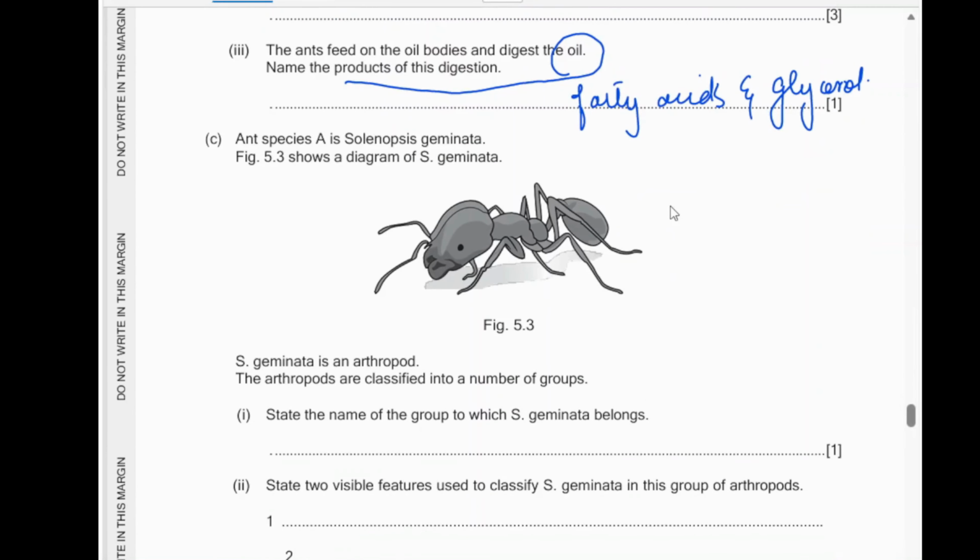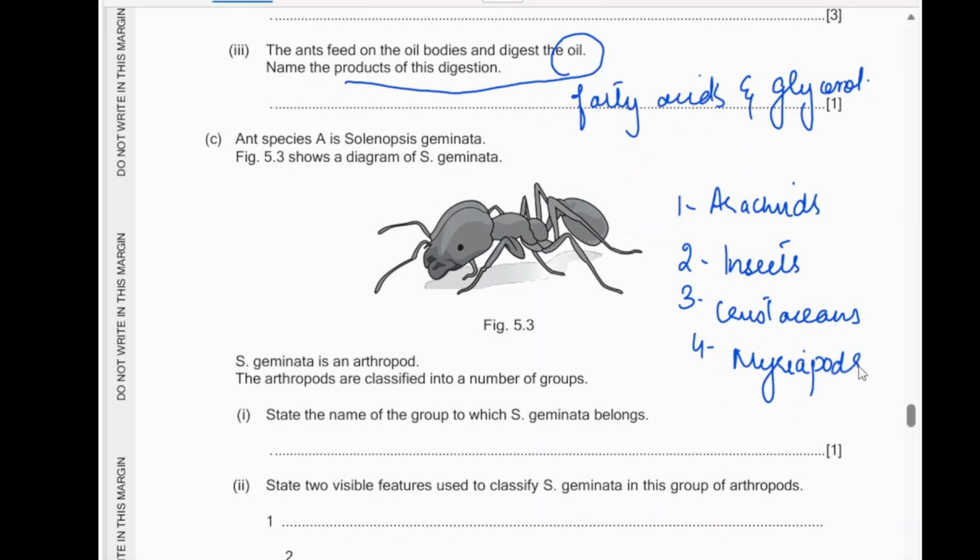Okay, this is an arthropod. Which class of arthropod is this? There are four classes of arthropod. Which is this ant one? Yes, there are four classes: arachnids, insects, crustaceans, and myriapods. Arachnids include spiders, crustaceans include crabs, myriapods contain centipedes, and insects include ants.